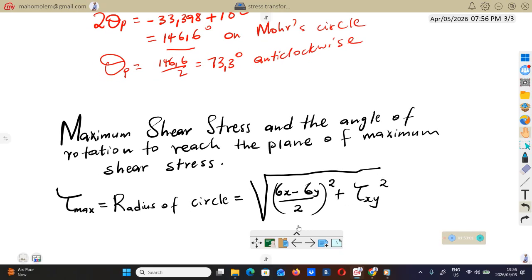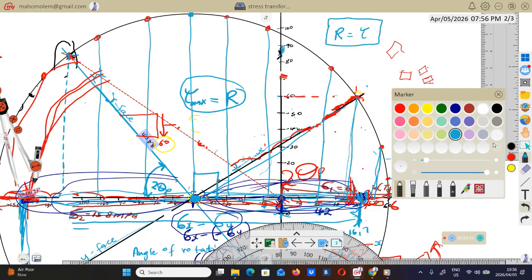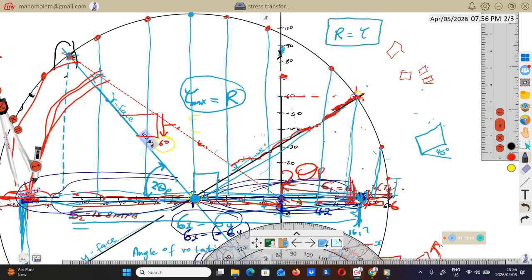So where is this one coming from? To get this R here, we're going to use this triangle.